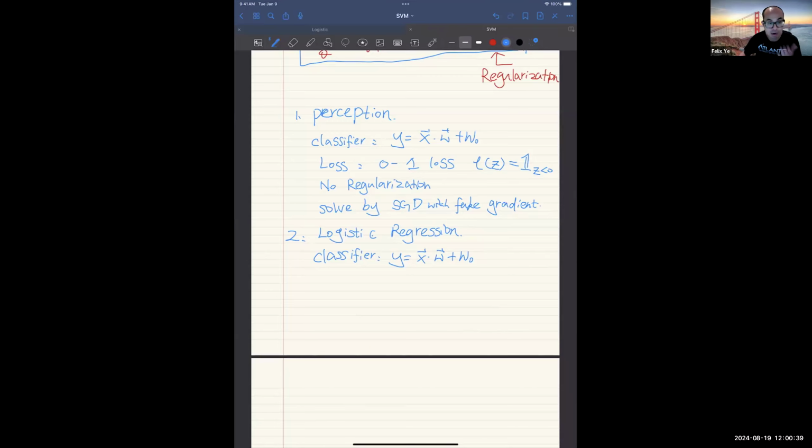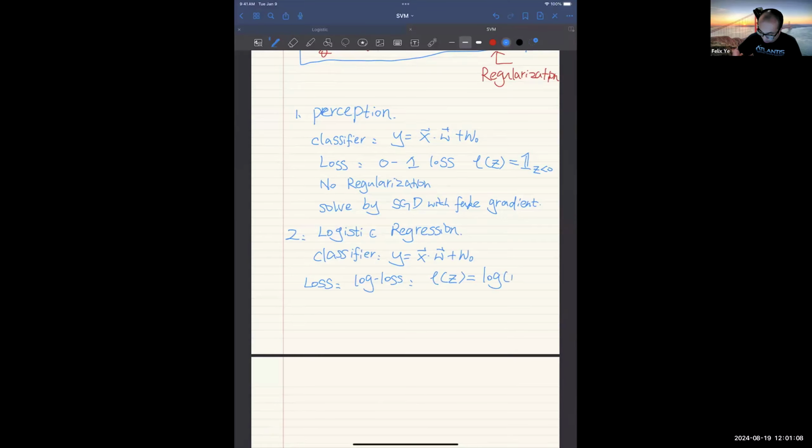I didn't mention that very explicitly, but if we compare to the results that we already have, this is something called the log loss. So my log loss L of z is equal to log of 1 plus exponential of minus z.